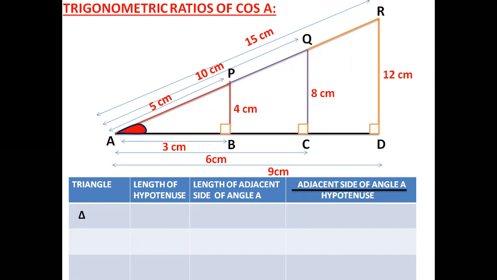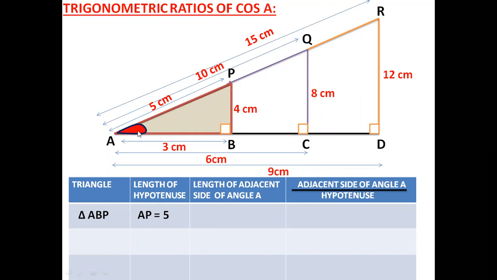I am taking triangle ABP, that is this one. In figure, triangle ABP. What is the hypotenuse? AP is the hypotenuse, which is opposite to 90 degrees. So what is the length of hypotenuse? 5 centimeters. So here you have to write AP is equal to 5 centimeters. Now, what is the length of adjacent side of angle A?